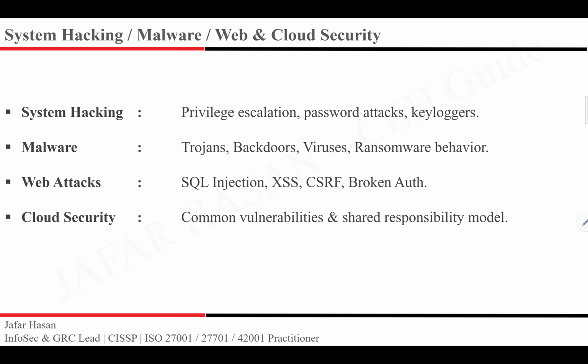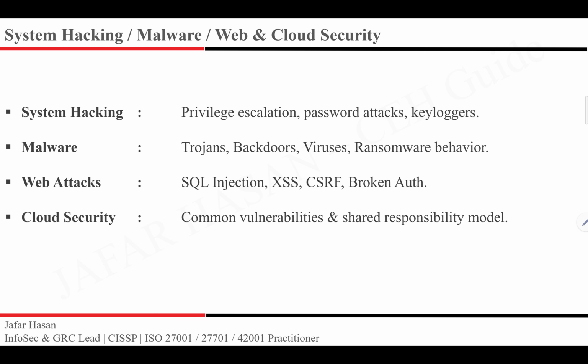Then we move on to web application based attacks like SQL injection, cross-site scripting, and command injection. These are the core skills for red teamers, web application based attacks, or you can say injection based attacks.